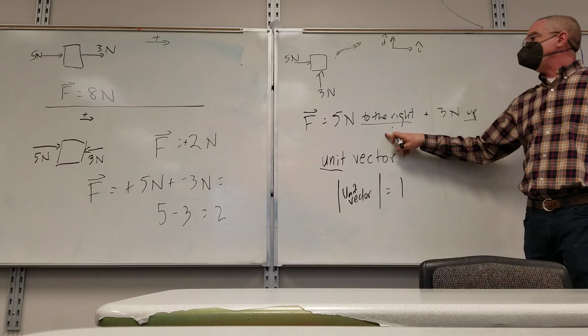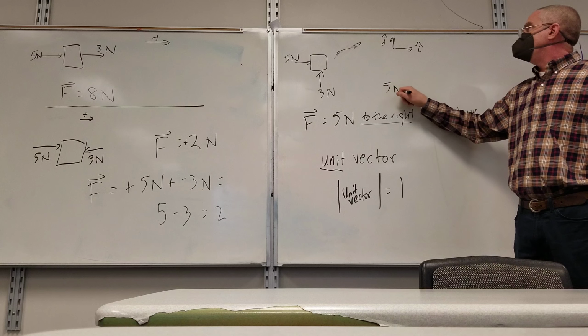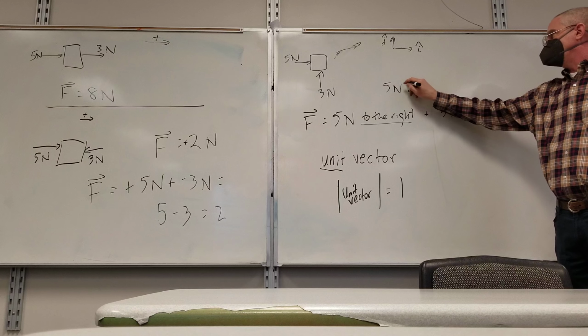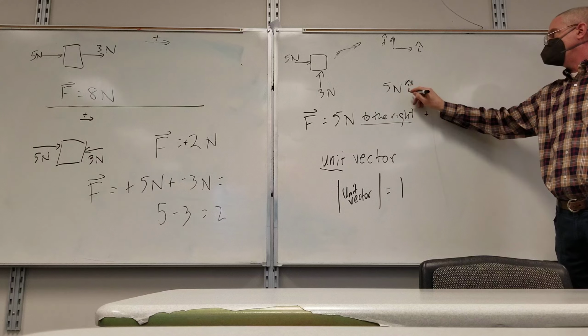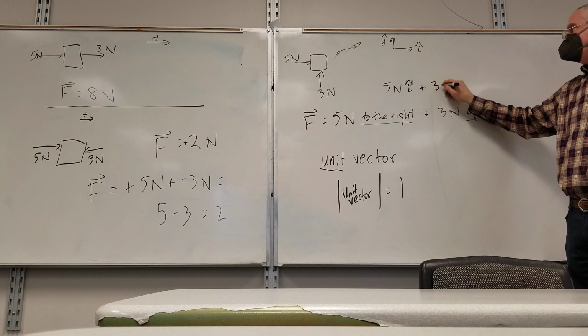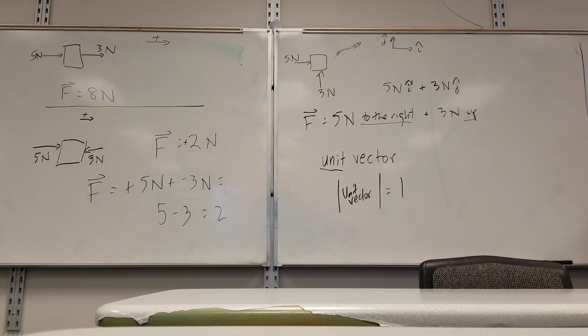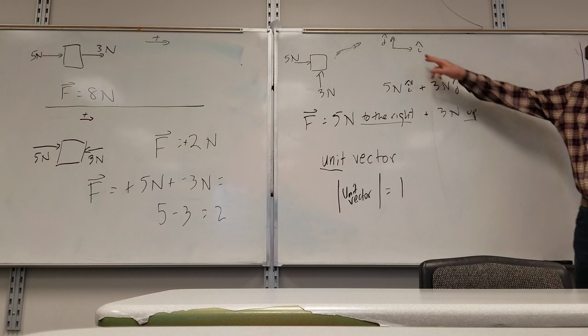So instead of saying to the right, what I'm going to say here, this is 5 newtons i hat. I'll actually draw a little bit better than what I was doing there. Plus 3 newtons j hat. And that's the answer. I've defined that i hat's to the right.